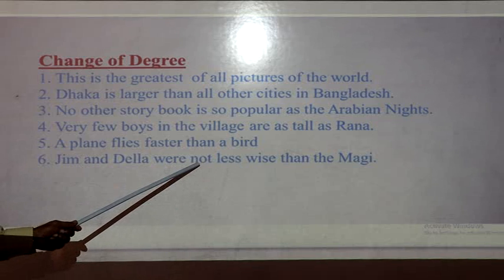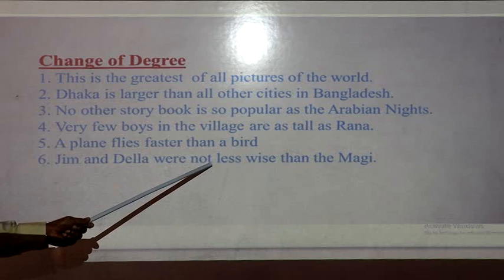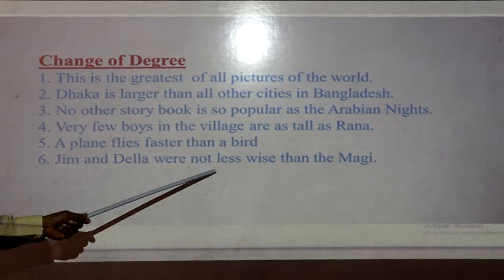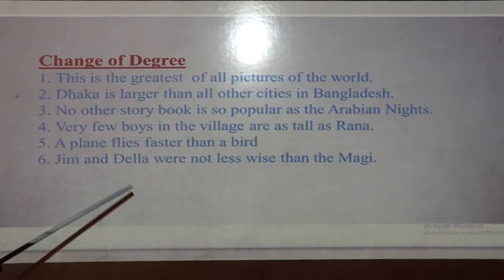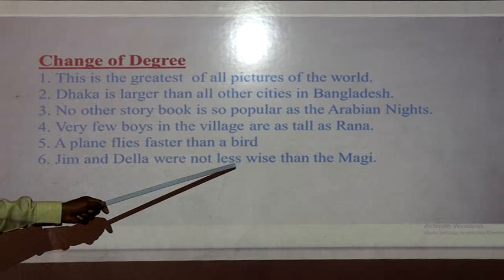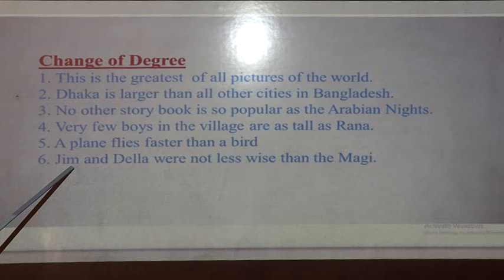As there is the use of not less, double negative, so we will have to use as. The Magi were as wise as Jim and Della. It is positive.